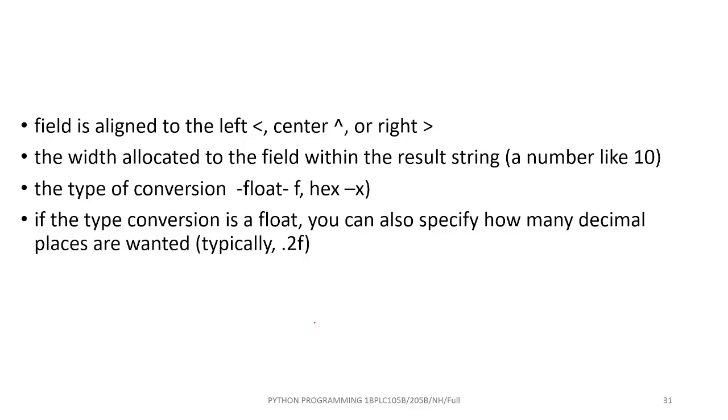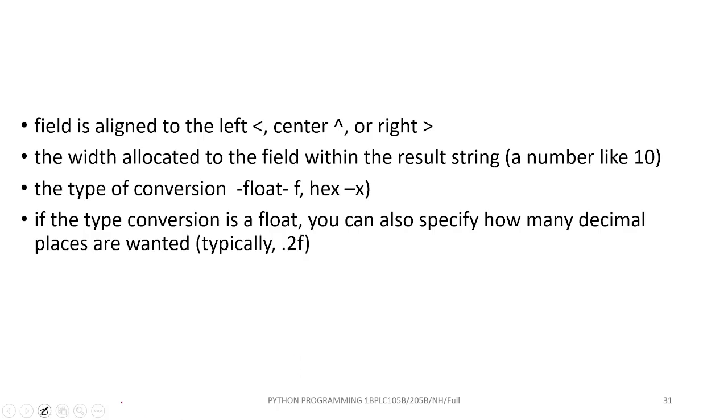That can also be in the form of floating point. You can use the less than symbol, the greater than symbol or the caret symbol to align the text. In the case of floating point, you can use f. In the case of hexadecimal, you can use x. Whenever there is a floating point representation, to represent it properly, you can use a dot, and after that, the number of decimal places, 2 in this example.